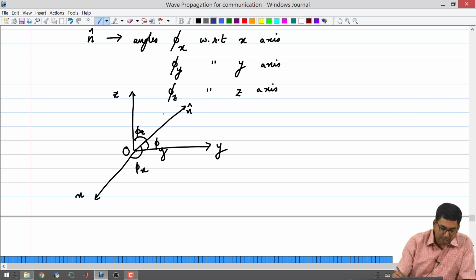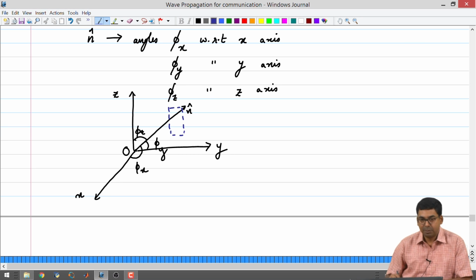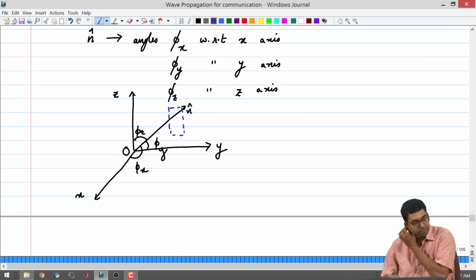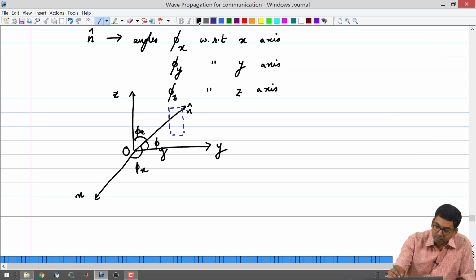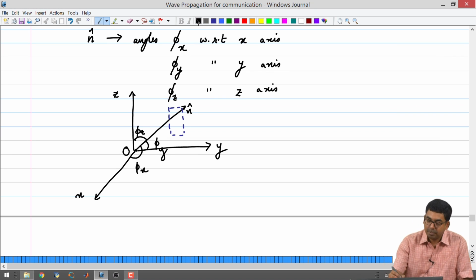Okay. So, this aspect where we are drawing something like this, right, it's a plane of constant phase. Okay. And let us say that this point is A.